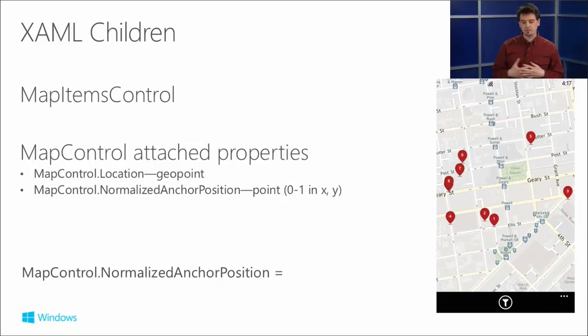So we can take that normalized anchor position and say, I want it to be x equals 0.5 and y to be 1. And that's going to say, okay, we're going to move to the middle, we're going to move down to the bottom. That's where I want the geolocation to show up, and then render that XAML control around that point.